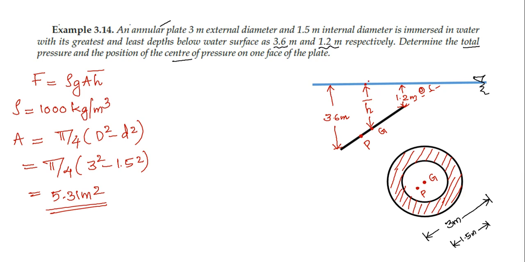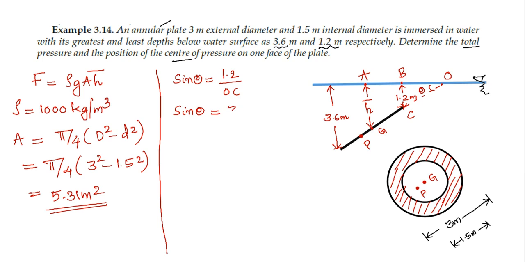So here we'll mark certain points. Let this be A, B, C and O. We know that sin theta is equal to 1.2 divided by OC. And again sin theta we can write as 3.6 divided by OC plus 3, where 3 is the length of this inclined side, which is equal to the outer diameter.